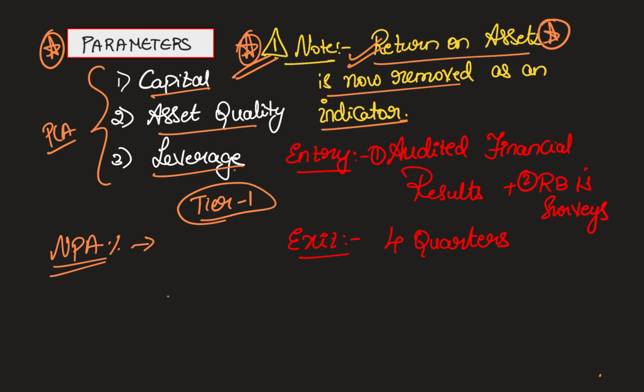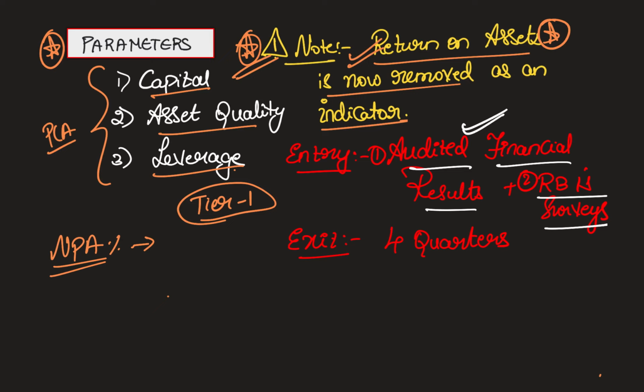Now, when is a bank placed under this framework? Usually for every quarter, there will be some audits within the companies. Even banks are companies, so they will also have audits. When these audited financial results are out, and apart from that, RBI will carry out its own surveys.